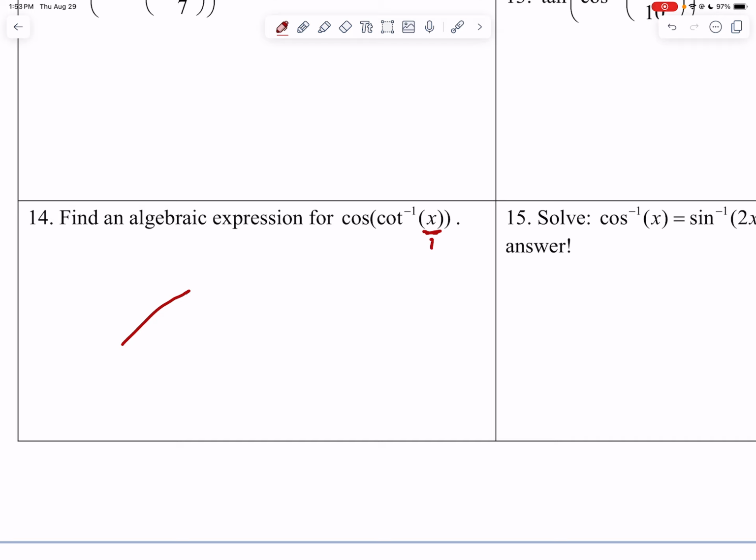That way, whenever we make our triangle here, I'm going to have x and then 1 right here. So x over y. This tells me that my hypotenuse is x squared plus 1 equal to c squared, aka the square root of x squared plus 1 is equal to c.